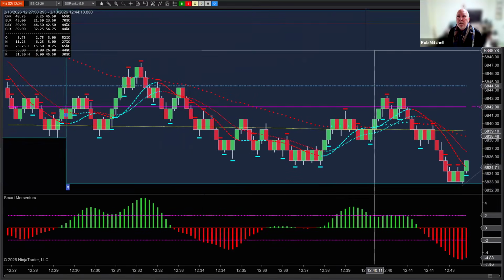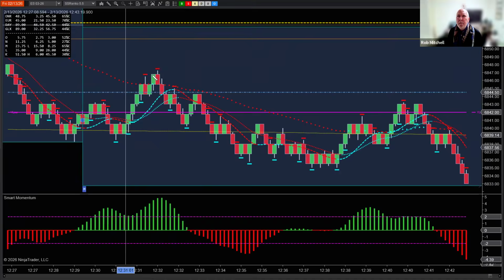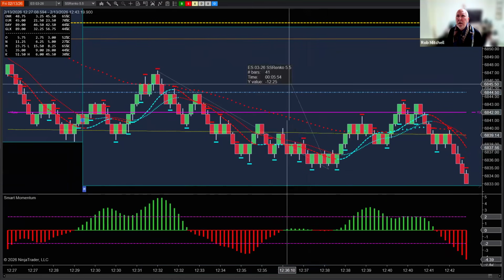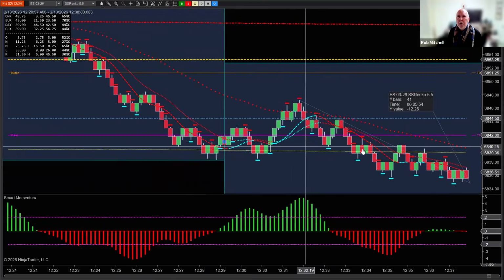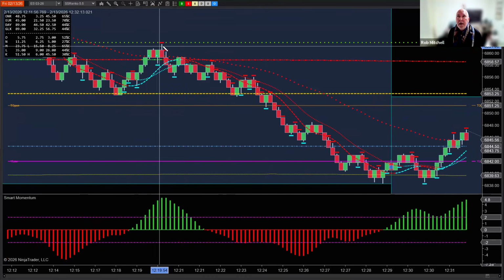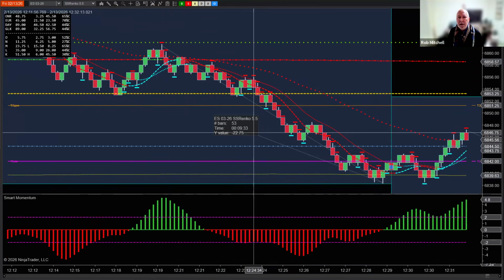It's 40 there. This one, coming down into here, around 40 are the lengths of these swings. This one's a little bit longer, but just do a few of those and get an idea. And then when you take the indicator itself, this one's 53.